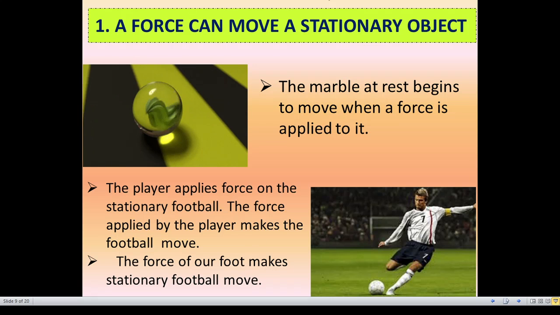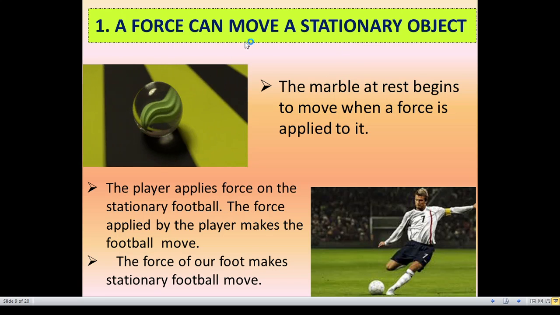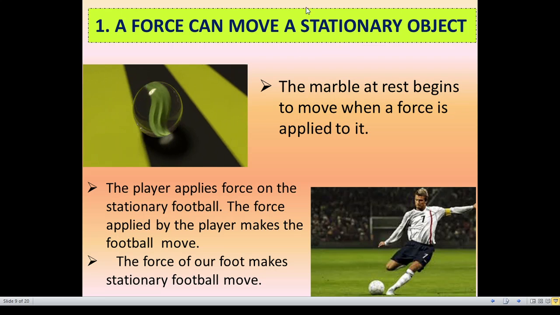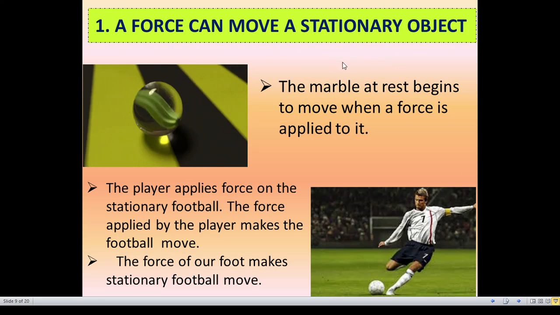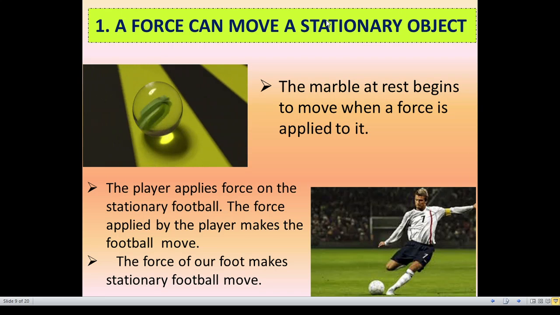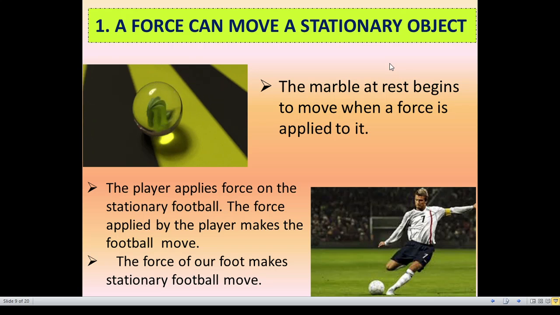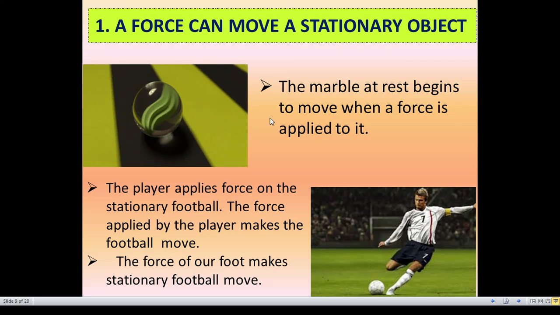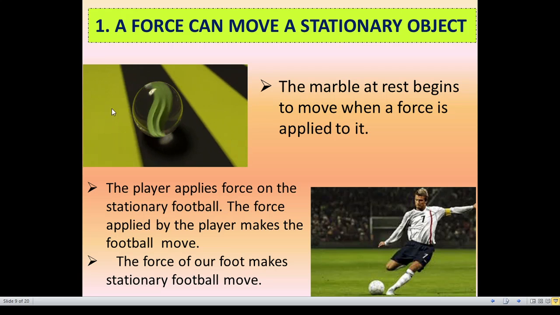What is the first effect of force? A force can move a stationary object. What do you mean by the word stationary? Stationary means rest. So a force can move an object at rest. Look here. You place a marble gently on the floor. Now you apply some force.